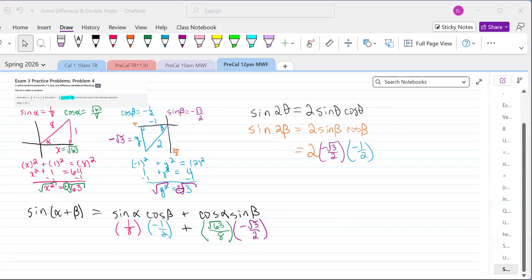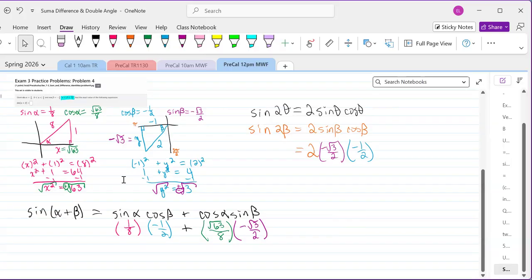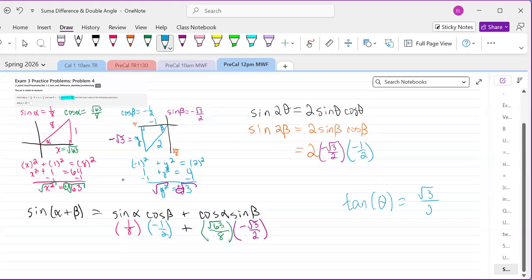So, could you try writing this down? It would be tan theta, I think, and then equals square root 3 over 2. Well, no, like square root 3 divided by 2. So the top half would be square root 3 over 2.